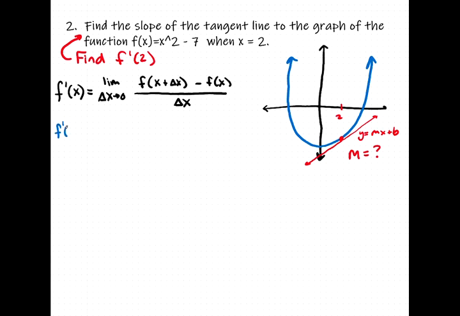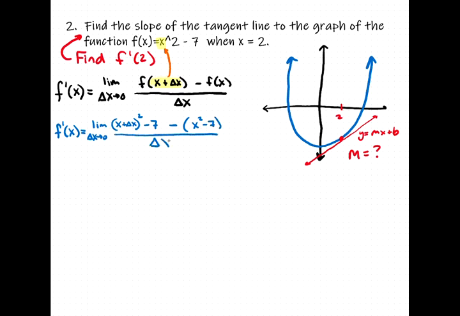So f prime of x, in this case, is the limit as delta x goes to 0 of f of x plus delta x, which means we're going to take the x in this function and replace it with an x plus delta x. And so this goes in here. Okay, so that's x plus delta x squared minus 7. Then we're going to subtract off the original function f of x, which is x squared minus 7, all divided by delta x.